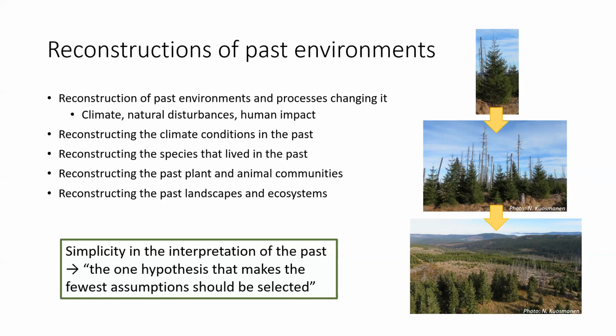If we know that spruce grows in certain types of climatic conditions, then we can interpret that if there was spruce, then probably there were these kinds of climatic parameters.